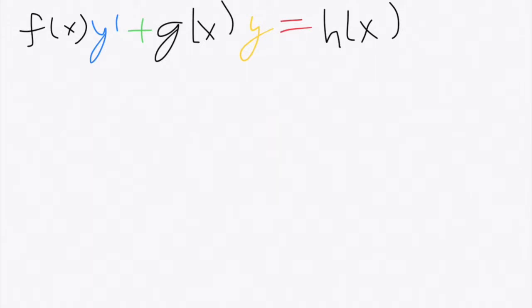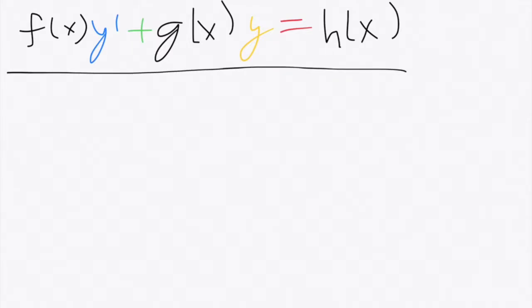And to begin with, I'd like to derive how we get the equation to determine what this integrating factor is. So a general first order linear differential equation will look like something like this. And what we're going to do is try to derive an expression in order to apply the integrating factor.